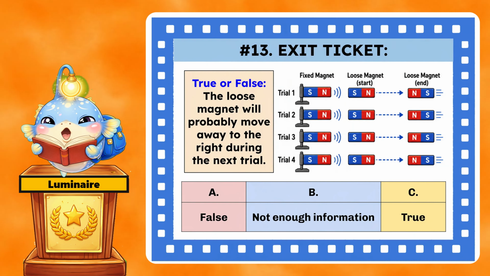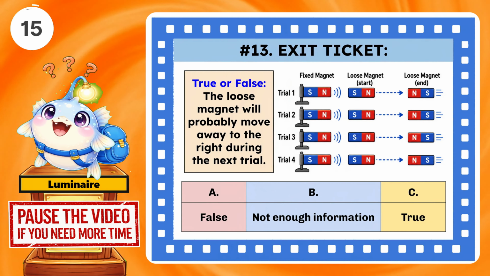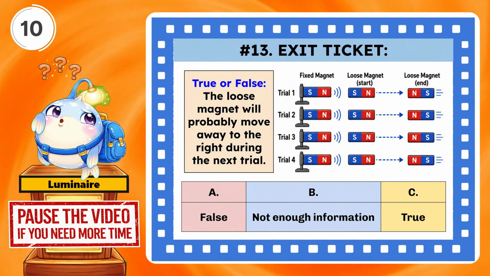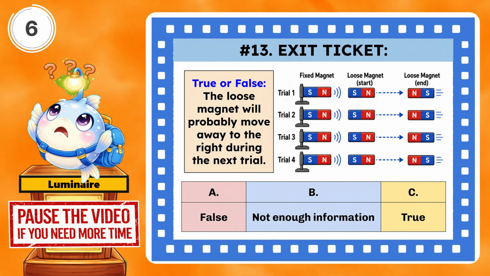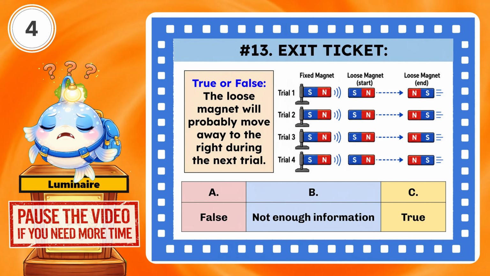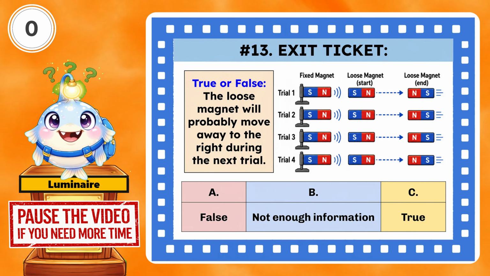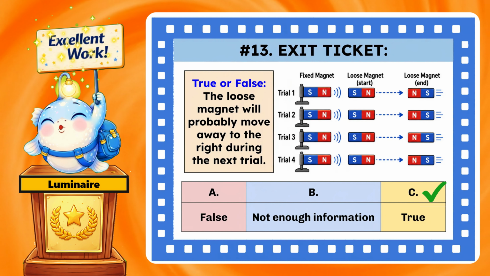True or false? The loose magnet will probably move away to the right during the next trial. And the correct answer is letter C, true.